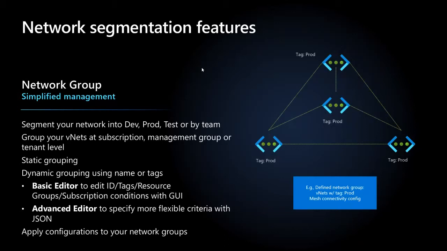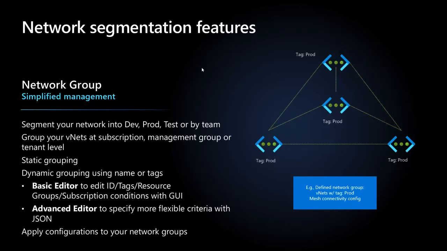There are two ways that you can define your dynamic grouping: basic editor and advanced editor. With the basic editor, we already created some categories that you can use out of the box: tags, resource groups, subscription, etc., with a GUI.